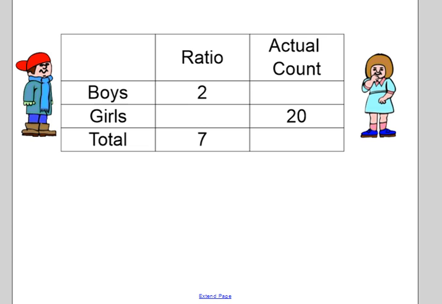Now we can start with what I would say is the easiest step. The ratio total is a combination of this number plus this number. So right now you really have 2 plus x equals 7. That is a very easy mental math problem. You've been doing that for years, and you can plug in that 5 right there. So that box is not too difficult to do.